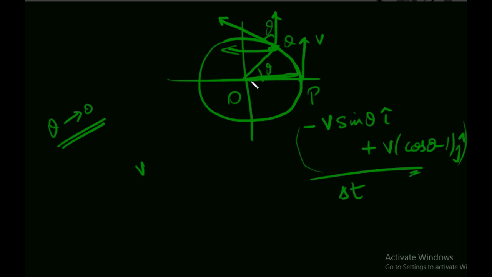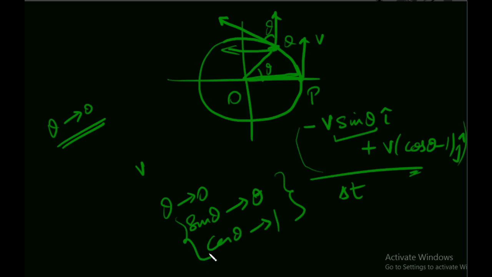Now theta reaches 0, sin theta reaches theta. From basic trigonometry, which I am not going to teach here, when theta reaches 0, sin theta reaches theta and cos theta reaches 1. Everyone knows, and if they don't know, please get to know from somewhere, because this is very important.